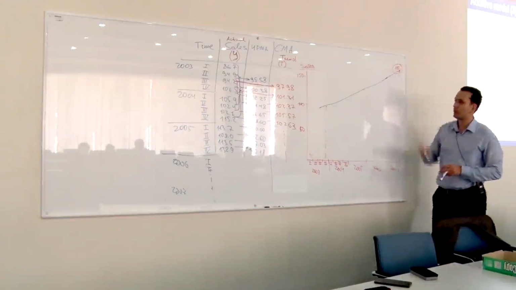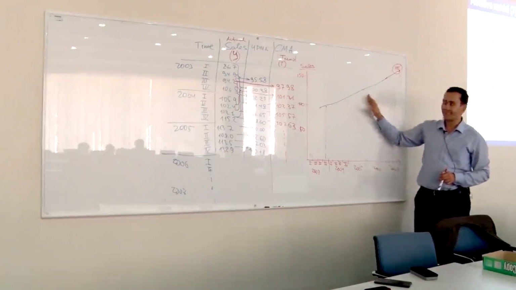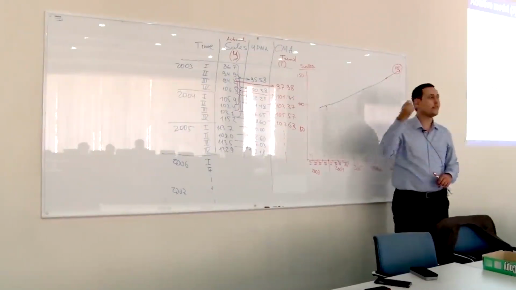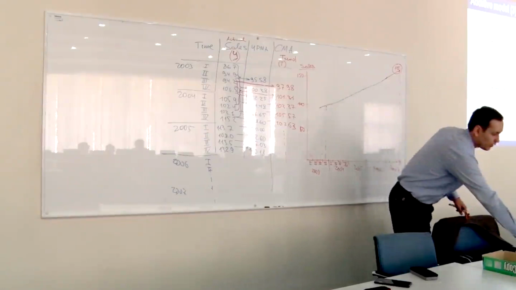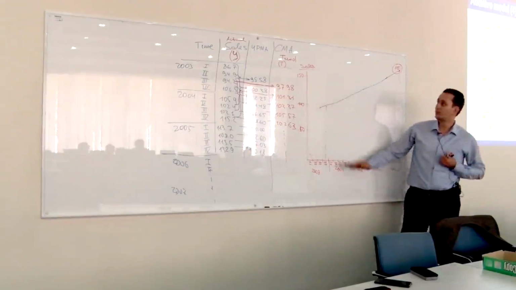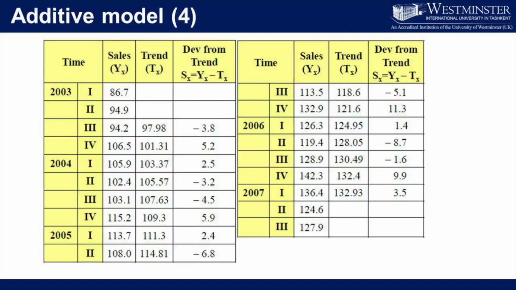Now, let's remember this. The next step would be to find deviations from mean. I'm going to show it using deviations from the trend. So CMA is the trend line, right? We use these numbers to come up with this trend line. Now, what is the deviation? Deviation is how far the actual data is from the trend or the mean, the trend line.